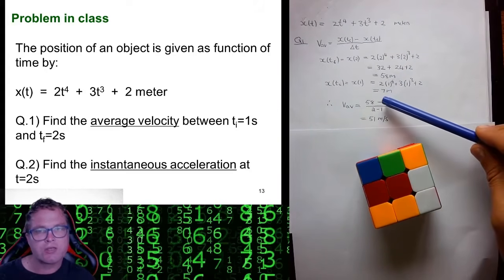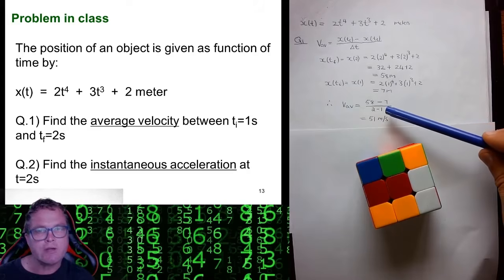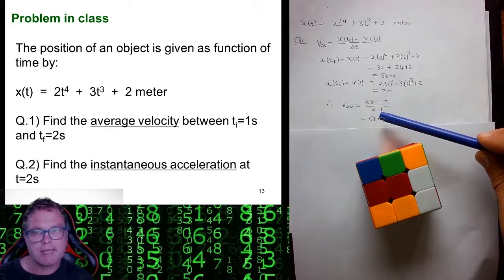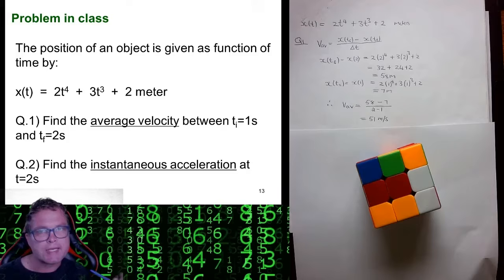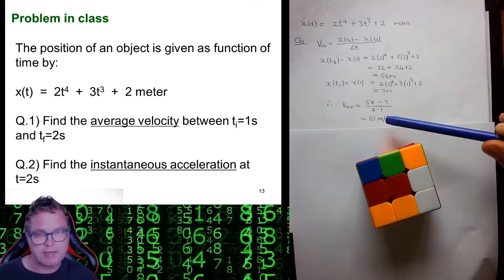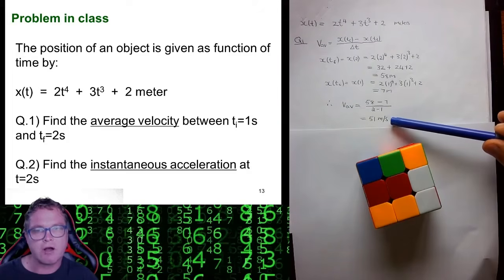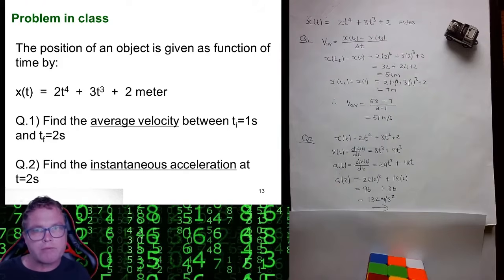So it's 58 minus 7 divided by the time that's elapsed. Well, it's between 2 seconds and 1 second, so that means 2 minus 1 second has elapsed, and we find then an average velocity of 51 meters per second.